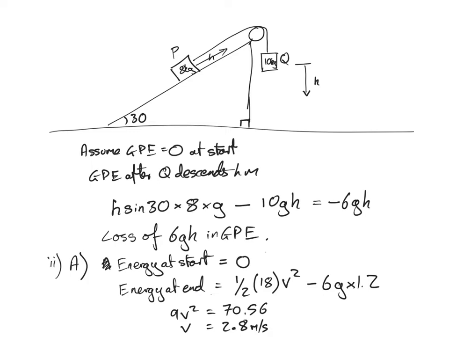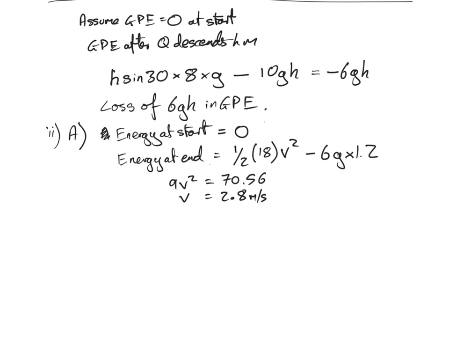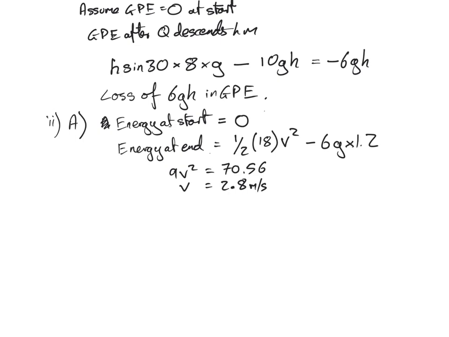Part B. Instead, the system is set in motion with Q a distance 0.3 above the floor and P travelling down the slope at 1.05 meters a second.